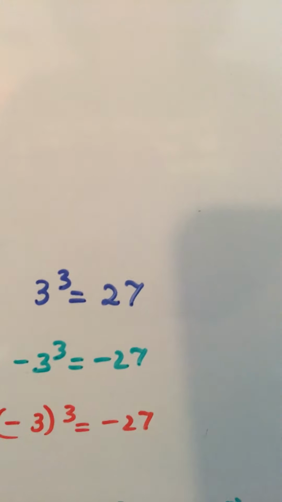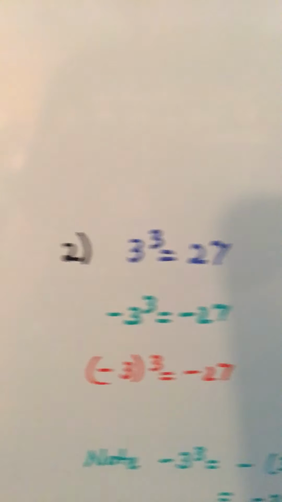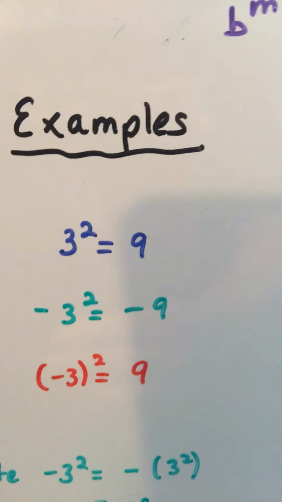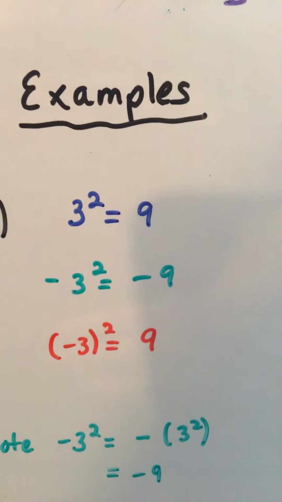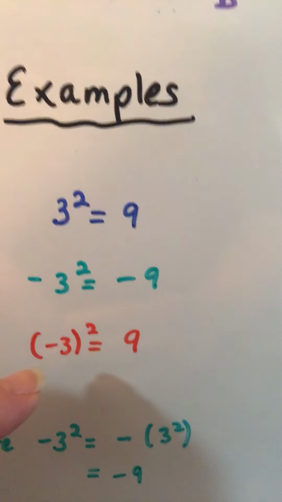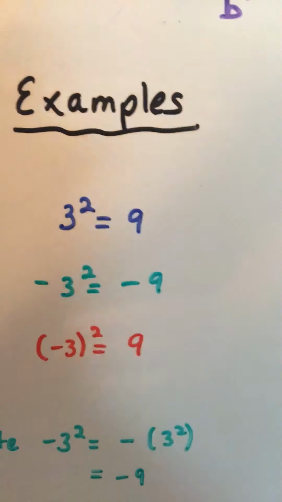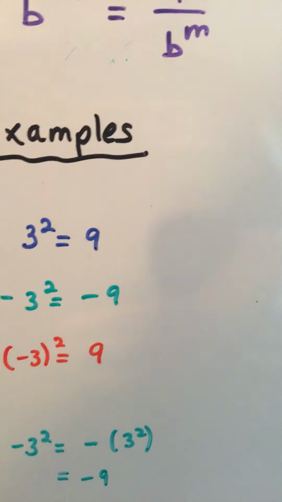So notice when you have an odd exponent and you make a sign error, you live. But when you have an even exponent and you make a sign error with that negative, you die. Because negative stays negative. The only way for a negative sign to turn into a positive sign is to be included in a parenthesis and have an even exponent.